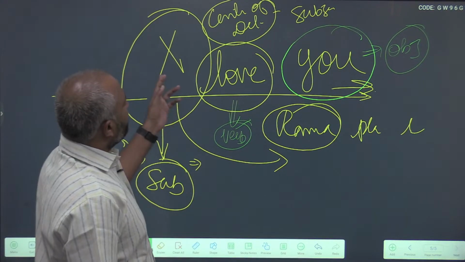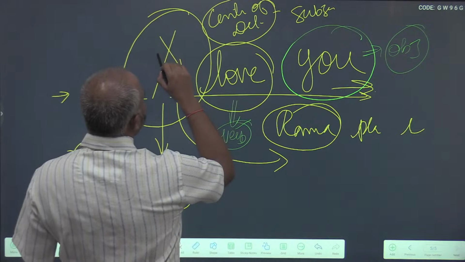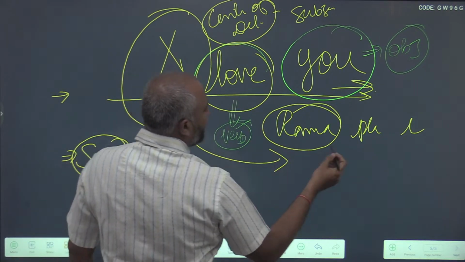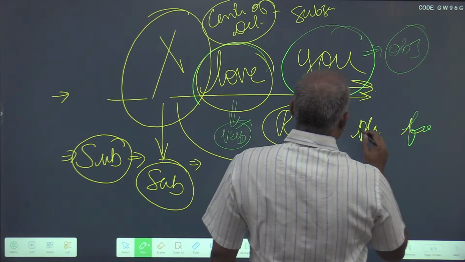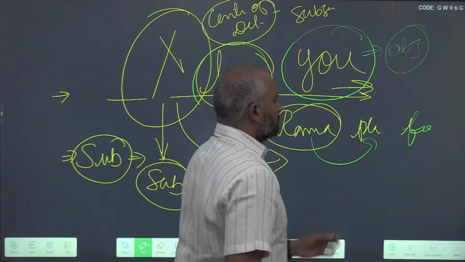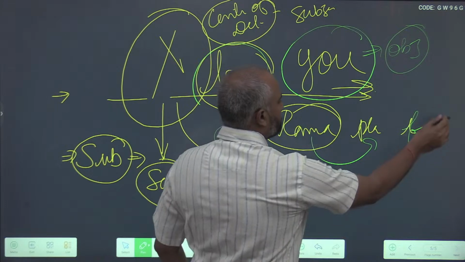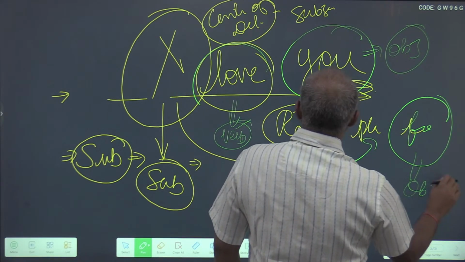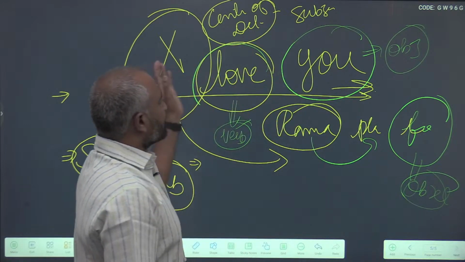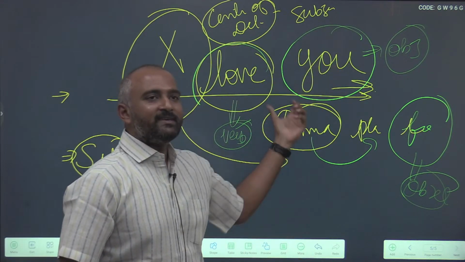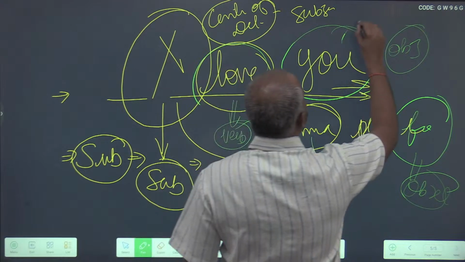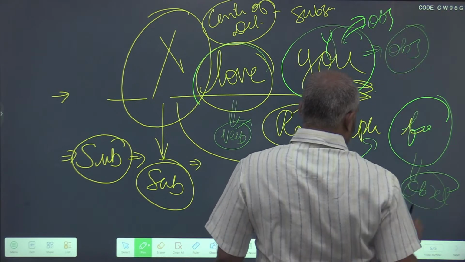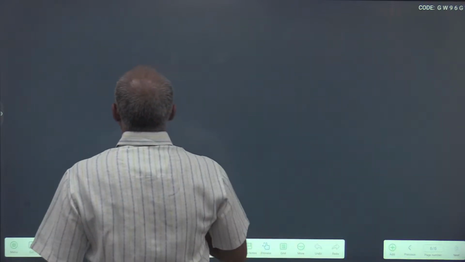For example, when I say Rama plays football, what is Rama playing? Football. So football becomes the object. Next, X loves you. So who is receiving that love? It is you or some Y. So object is always the receiver.